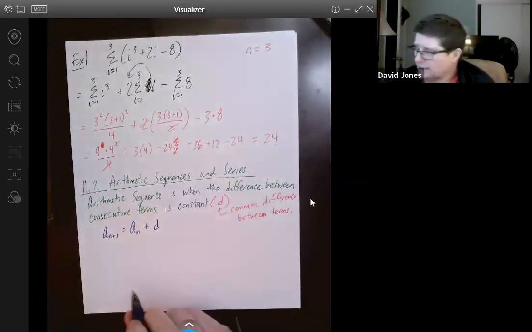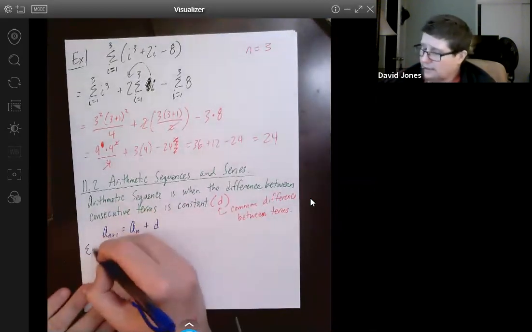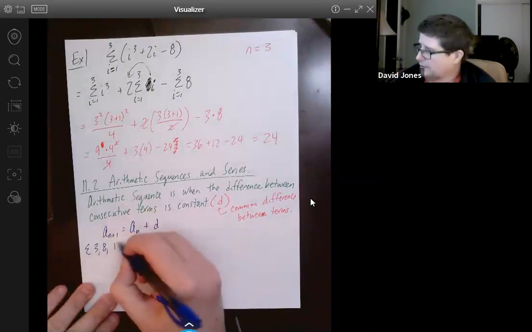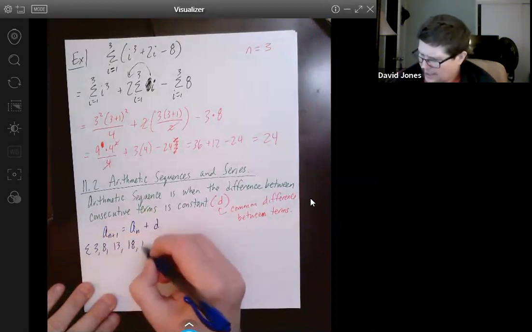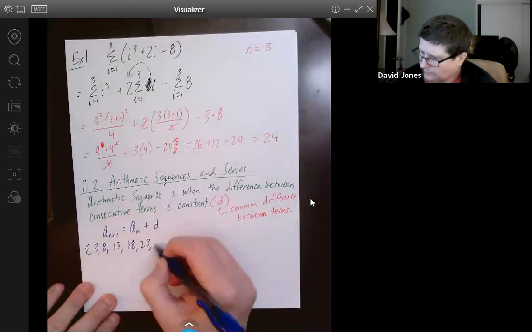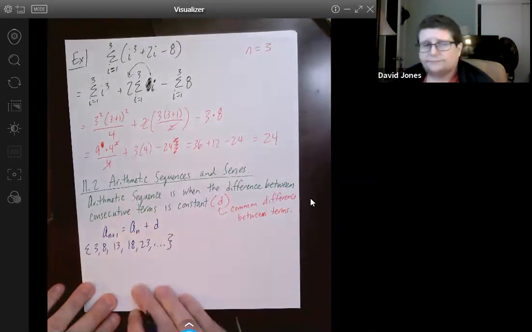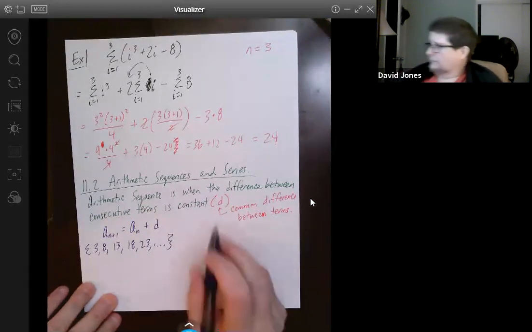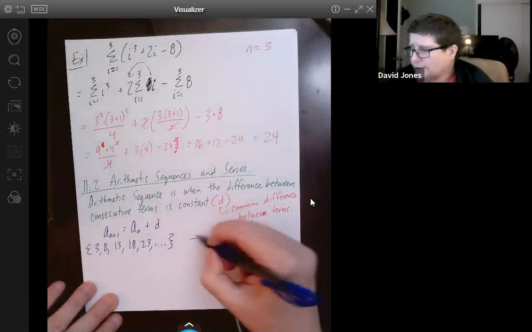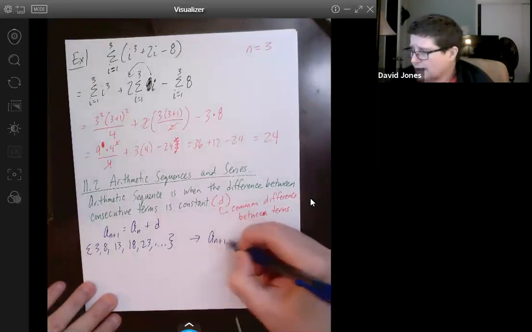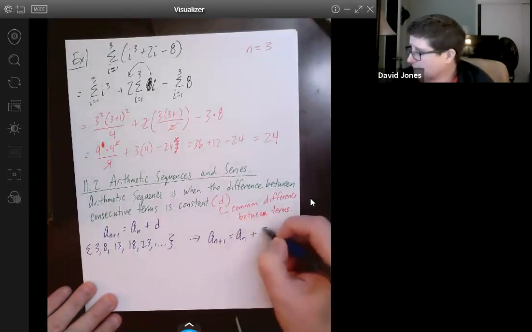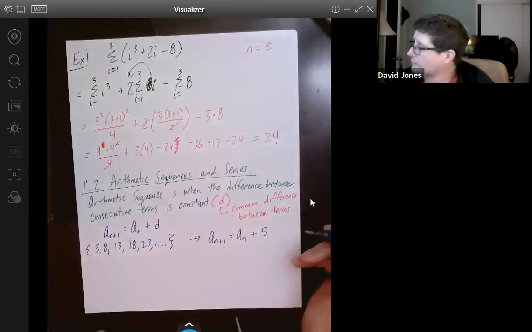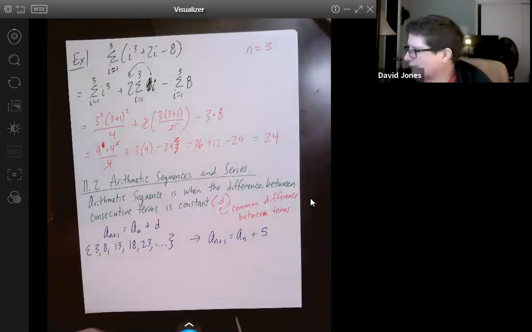We saw one not too long ago. We had 3, 8, 13, 18, 23. So a sub n plus 1 equaled a sub n plus 5. Sometimes we don't know the d, but we can figure it out.